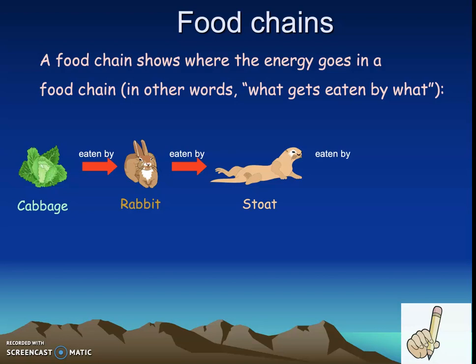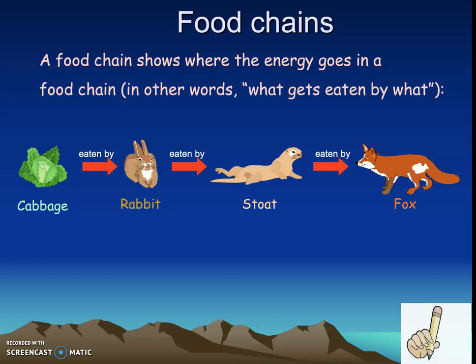And unfortunately as well, that stoat is then eaten by a fox. So this is an example of a food chain. You can see that food is produced at the beginning. It is eaten by a rabbit. So the cabbage's energy is transferred to the rabbit. The rabbit's energy is then transferred when it's eaten by the stoat. And then the stoat's energy is transferred into the fox when the fox eats the stoat.